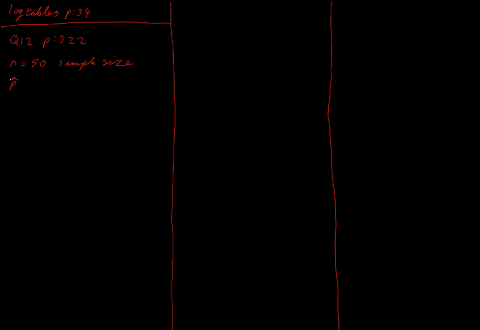So p with a little chevron on top of it is our sample proportion, and it's going to be the fraction of boxes that had at least one rotten tomato. So we had 12 boxes with rotten tomatoes in them out of a total of 50 boxes. And we'll basically always write our sample proportion as a decimal, 0.24, and that's our sample proportion.